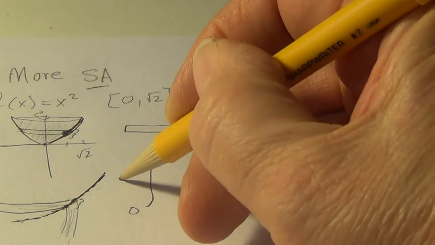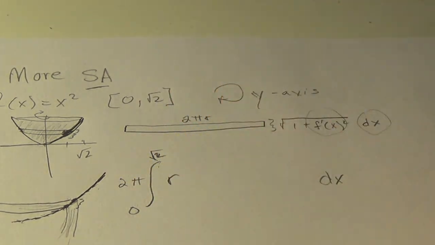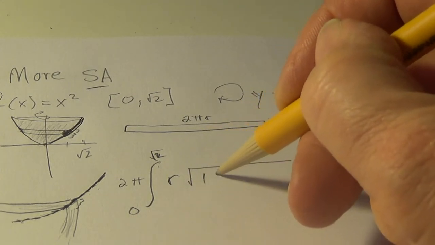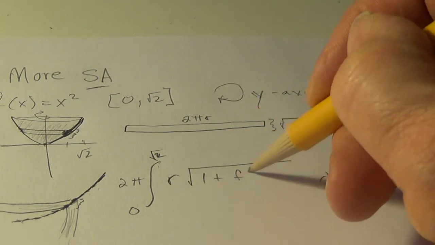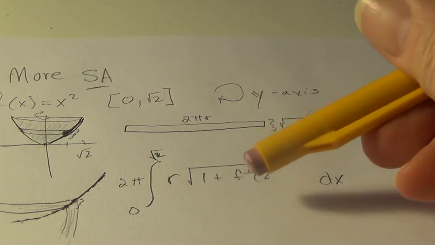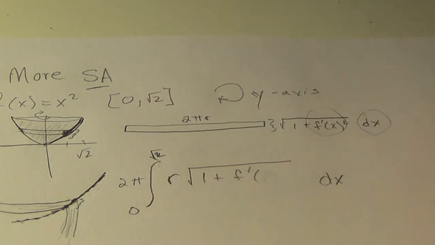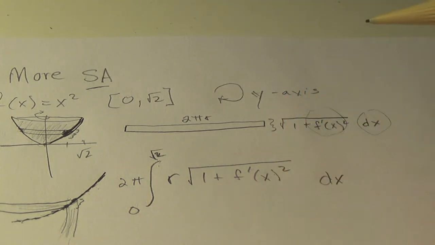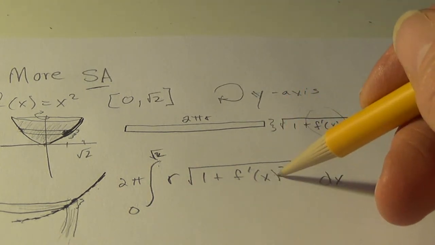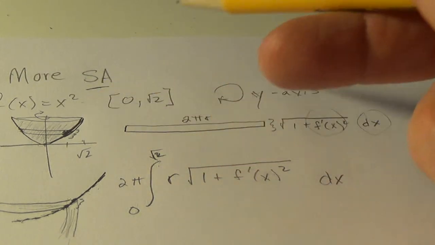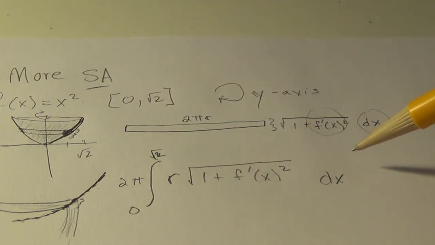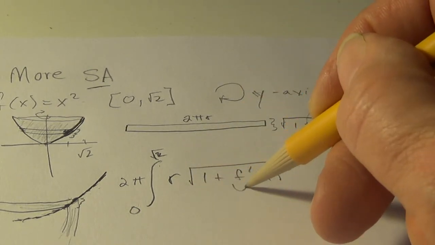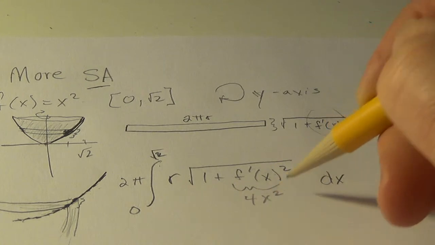So we're going to have a 2 pi r, the radius, and then this. It looks like it'd be a horrible thing to integrate, but we pick ones that are integratable, so we won't torture you too much. What is the derivative of this function? It was x squared, so the derivative is 2x, and when we square that, we get 4x squared. So that'll become a 4x squared when I rewrite this.